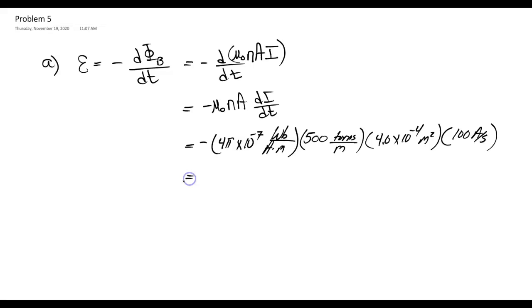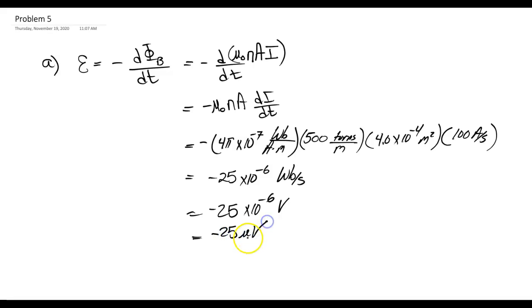This will give us minus 25 times 10 to the negative 6 Webers per second, which is the same as minus 25 times 10 to the negative 6 volts, or negative 25 microvolts.